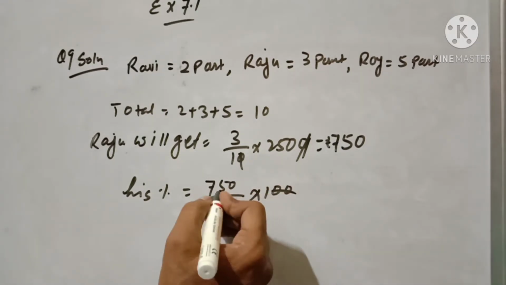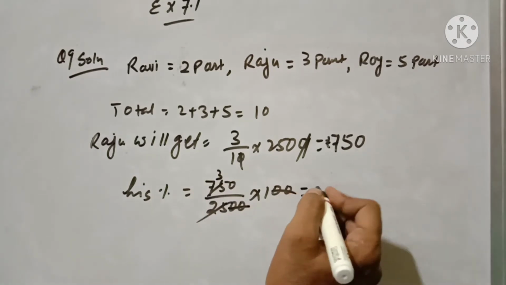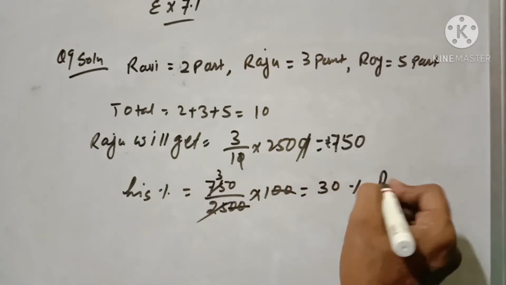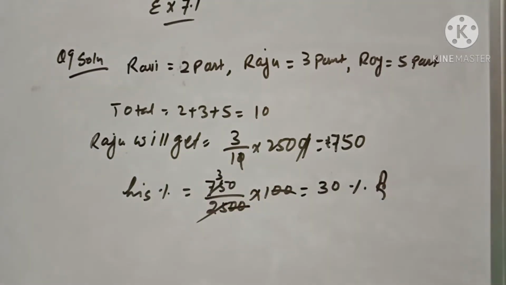This is 3, means 30%. This is Raju's percentage.